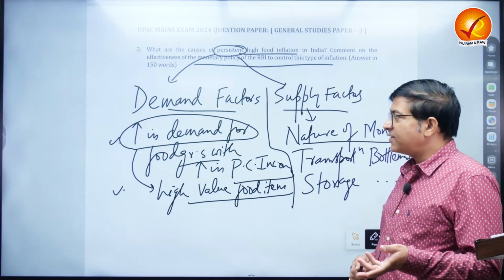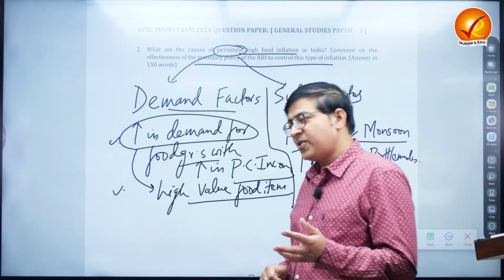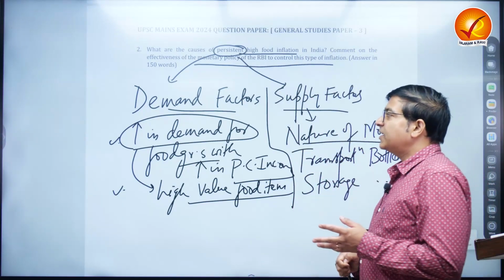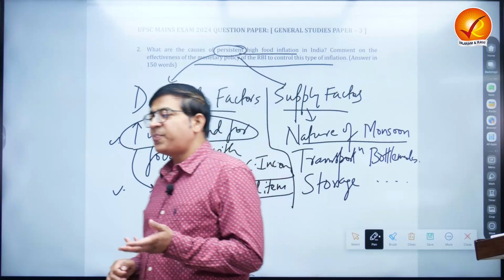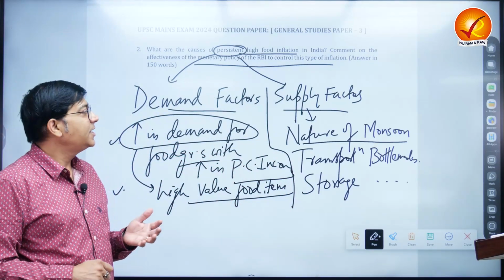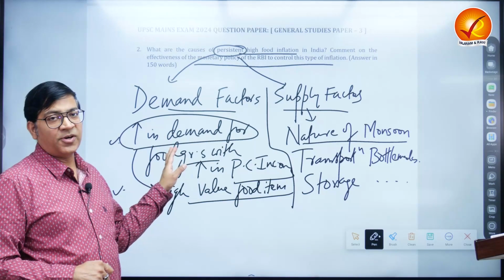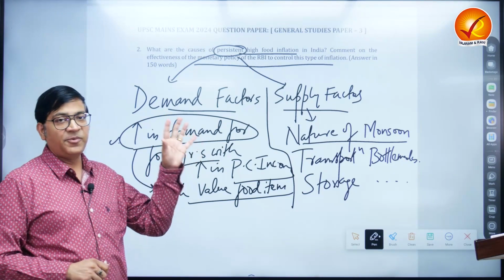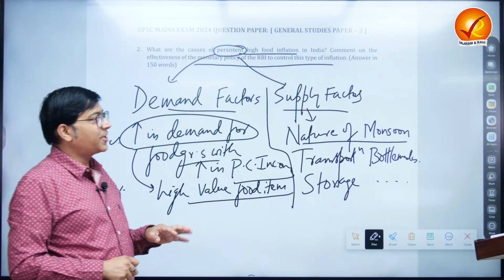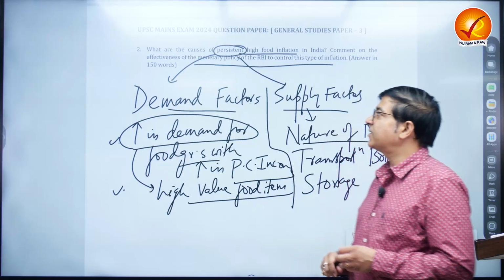In the latest consumption expenditure survey, we get some support on this argument also, that the share of expenditure on food items, which was very high earlier, seems to be decreasing. Meaning thereby perhaps the demand factor on at least food grain prices seems to be relatively less important. You can use a little bit from the current affairs part also in this case.